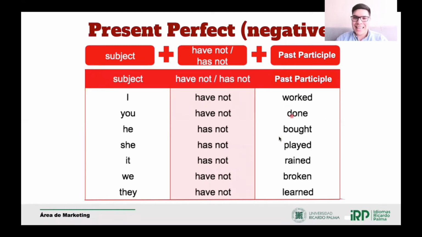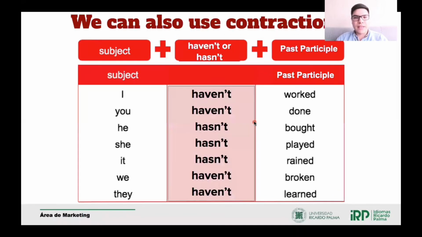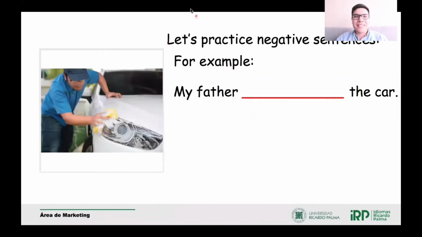Very good. Excellent. We can also use contractions, for example, haven't or hasn't. It's the same. If you like contractions, you can use contractions. If you don't like it, then you can say the full sentence.